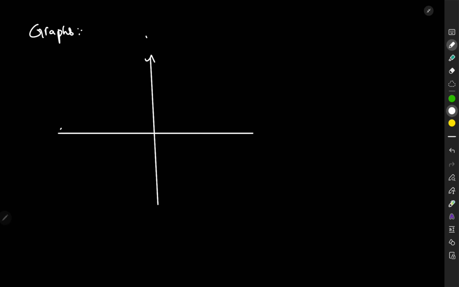let's see some graph. Okay, so just think it practically, you would understand the graph. I don't need to explain it a lot. It will look something like this.